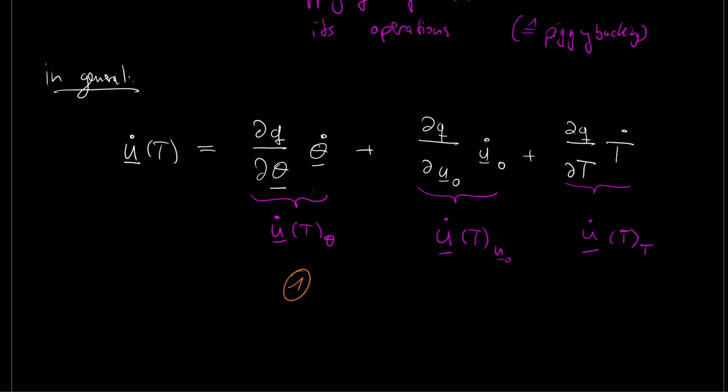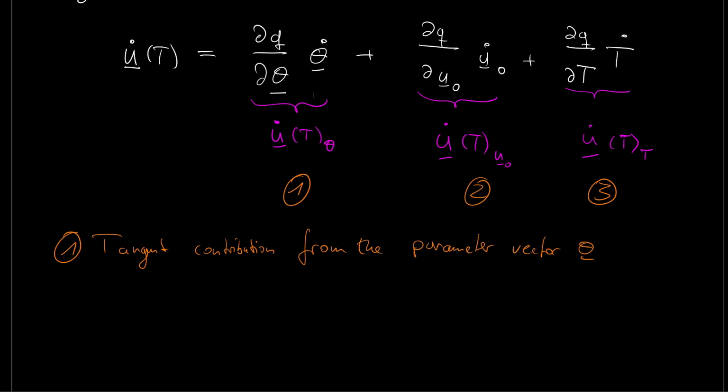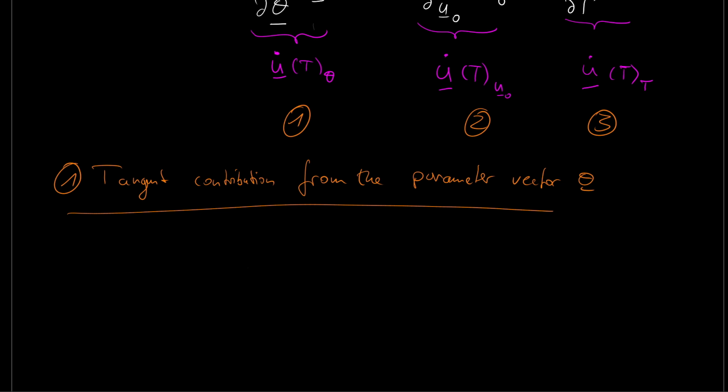So let me introduce 1, 2 and 3 here, and we will first start with the contribution from the parameter. So let's have this point 1. This is the tangent contribution from parameter vector theta underscore. In order to find this, let us write down the general solution to an ordinary differential equation, especially if we're only interested in the final time integration.